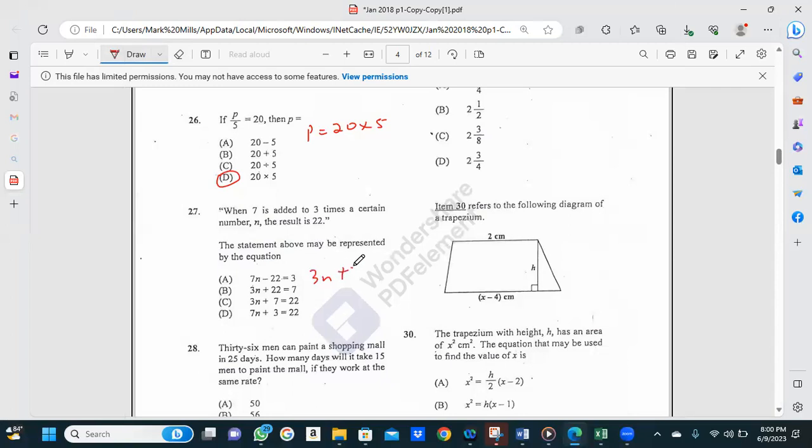Plus the 7 is equal to 22. So 3 times n plus the 7 is equal to 22. So the answer, which one looks like this?